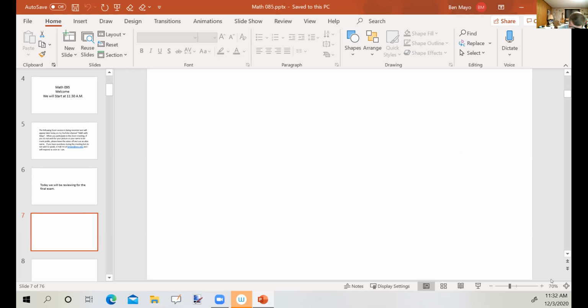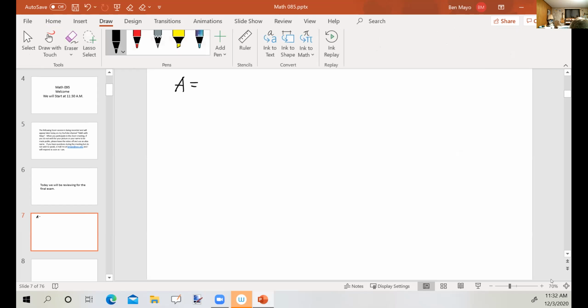Okay. So the first formula that we looked at was this one. And that was the compound interest formula. And we use that when the interest is compounded not continuously.